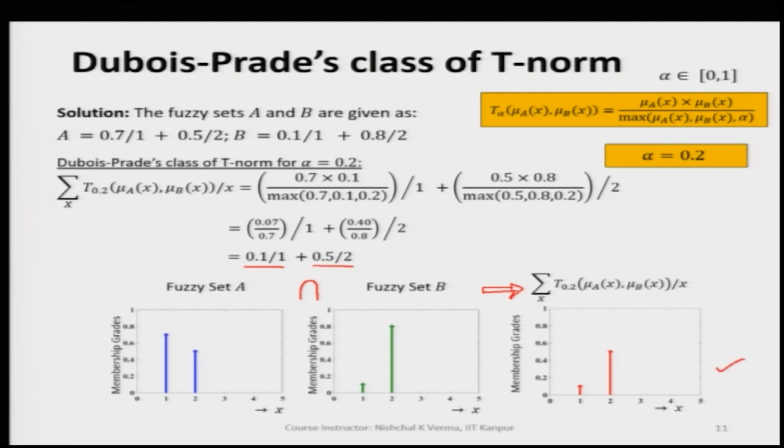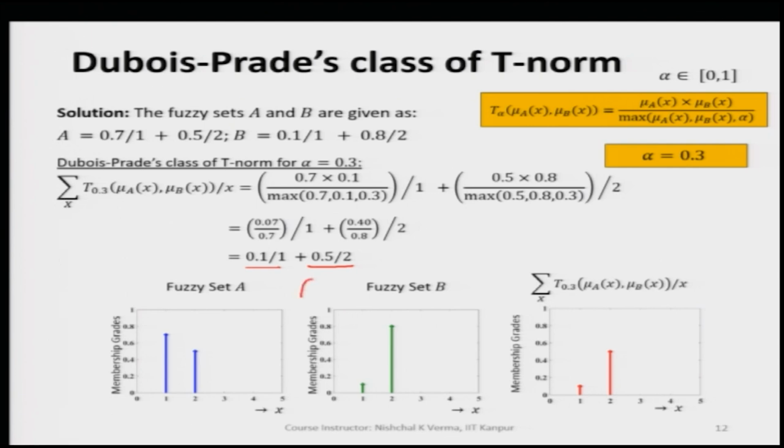Now, again we change the value of alpha, and we increase the value of alpha here. Now, for alpha equal to 0.3, when we substitute in the expression that is given for the Dubois-Prade class of T norm, we see that the resultant fuzzy set again has two elements, and these elements are 0.1 by 1 plus 0.5 by 2.